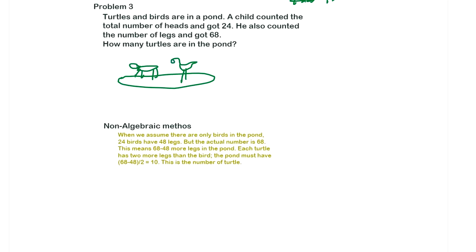Okay? You have many turtles, you have many birds. You count the heads, 1, 2, all together is 24. You count legs, 1, 2, 3, 4, 5, 6, and so on, then 68.